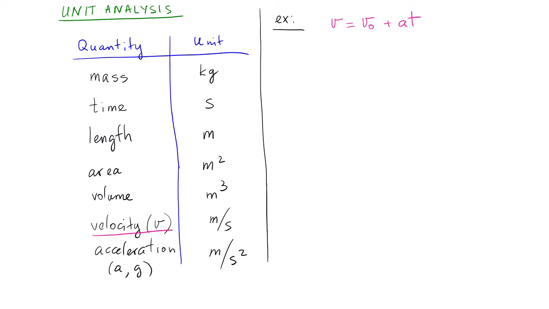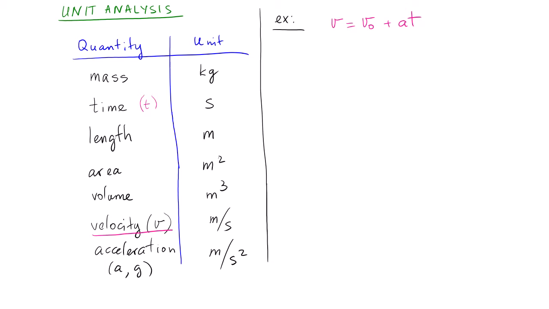So v and v naught are notations of the same quantity. And then a is the acceleration, t is the time. Time usually is denoted with the lowercase t.